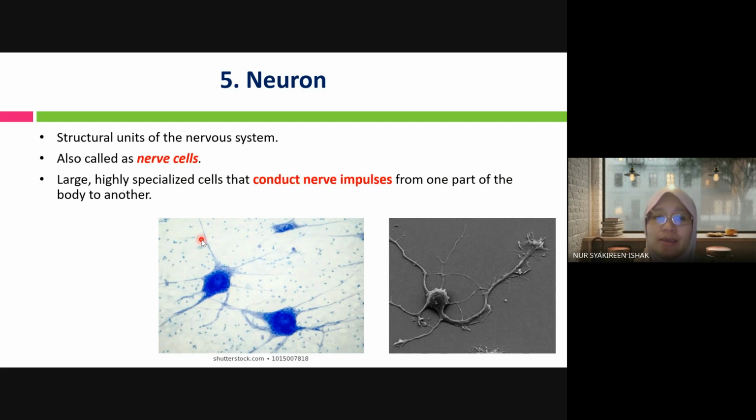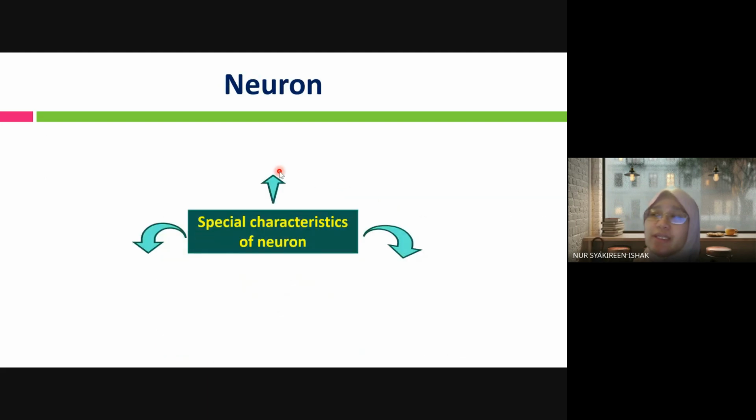Alright, how many types of neurons do we have? We have sensory neurons to detect stimulus changes, and then we have interneurons, in the brain, for interpretation of what is happening to carry out a corrective mechanism. So that instruction from the interneuron in the brain will be sent to the motor neuron for the response.